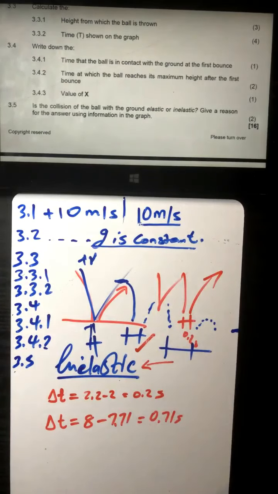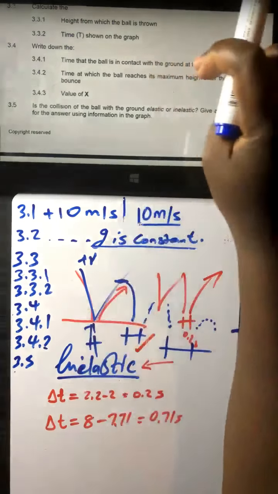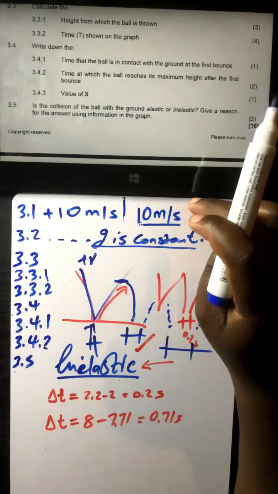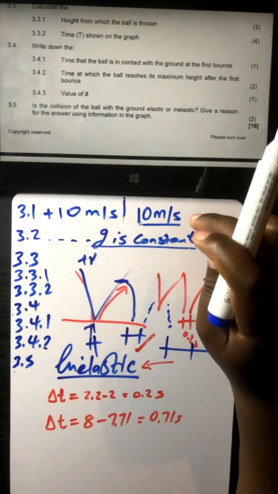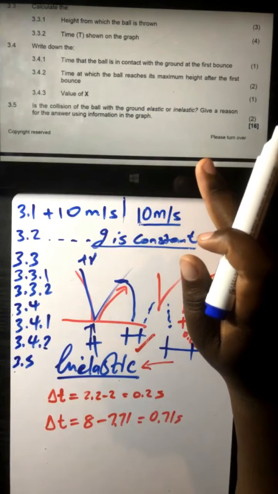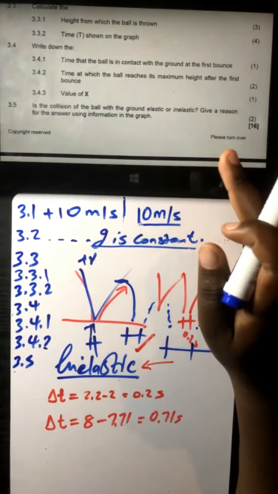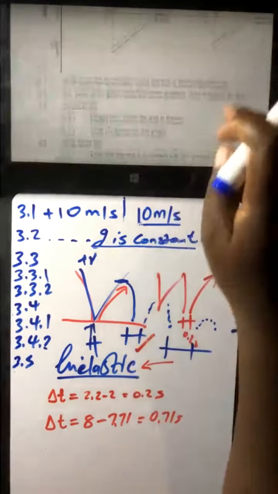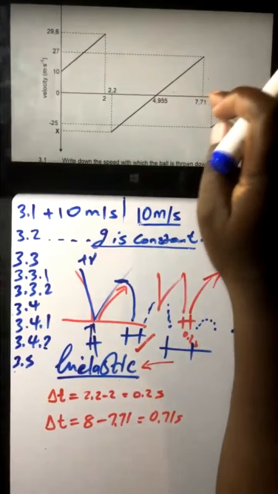This is it. So you want to know if the question really says calculate the time it's in contact with the ground for a bounce. Is that the question?